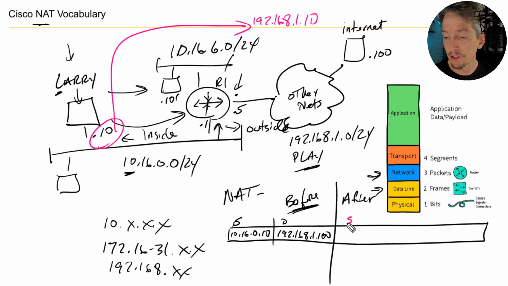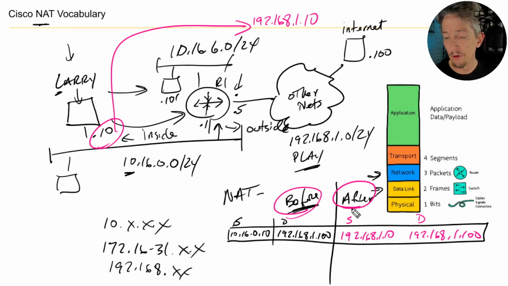Then after, the source address would be 192.168.1.10, and the destination address would still be the server. We haven't changed that. It's still going to 192.168.1.100. So this is before we implement network address translation and after.